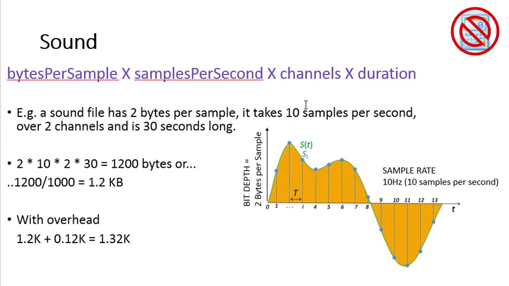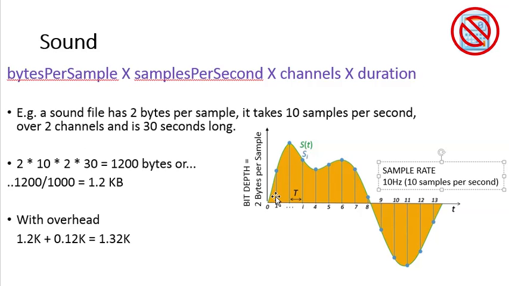Our final example deals with sound. Sound is stored or digitized by sampling, or taking snapshots, over a certain time interval. The sample rate, as this is called, is normally measured in hertz. So this particular sound file has a sample rate of 10 hertz. That means 10 samples are taken every second.